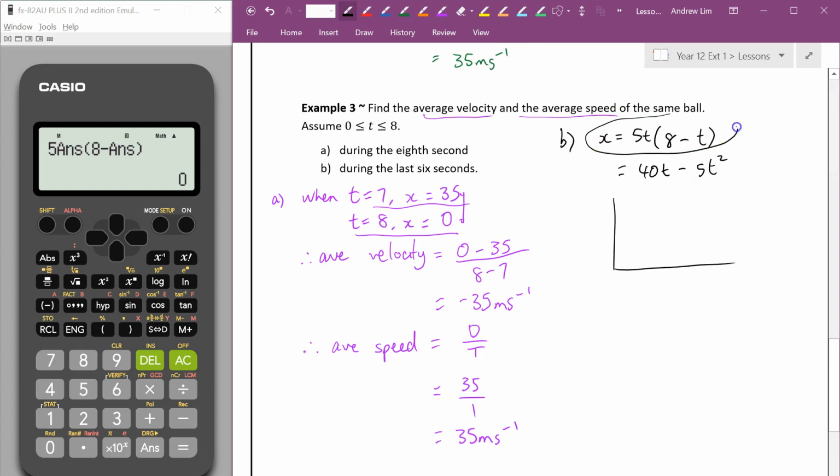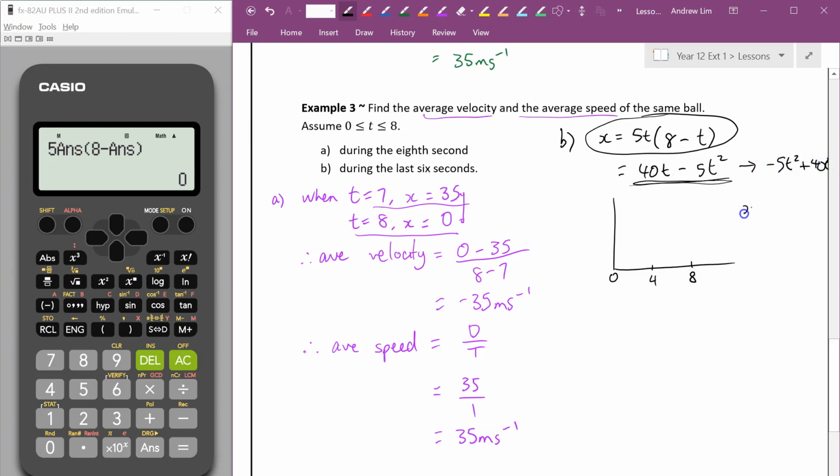I'm just going to be looking at this one here. We know that the zeros of this function are 0 and 8, because t has to equal 0 or t has to equal 8 in order for x to equal 0. And therefore, halfway between them will be our turning point. Or we can write this as minus 5t squared plus 40t.